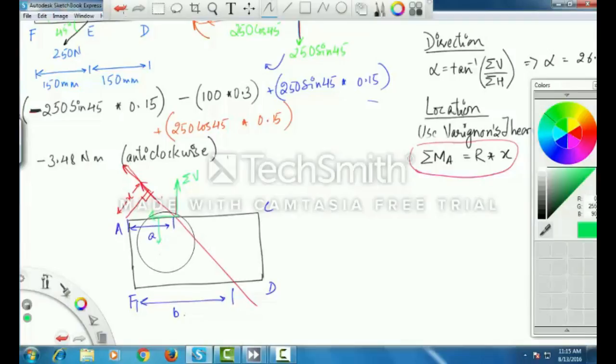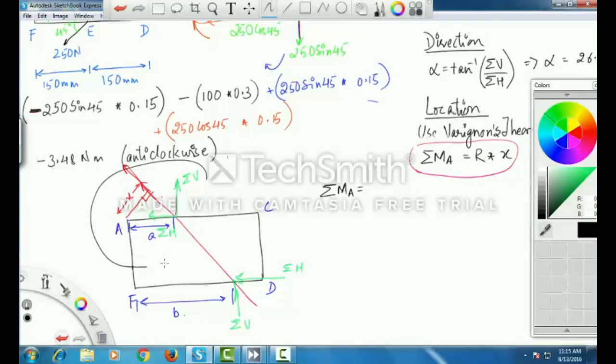This is sigma V, this is sigma H. If I do it here, this is sigma H and this is sigma V. Let's use this and solve the problem.